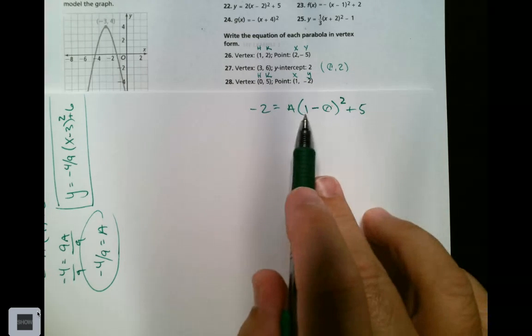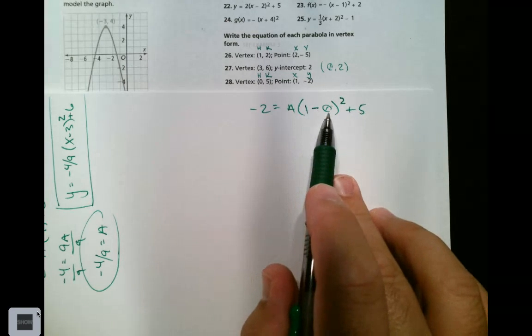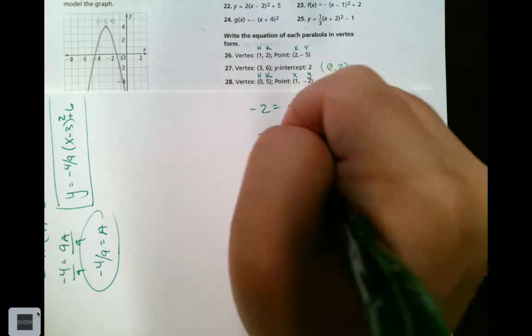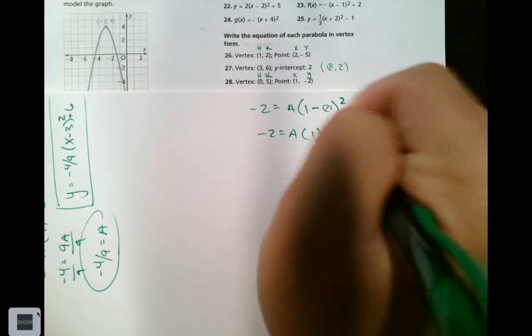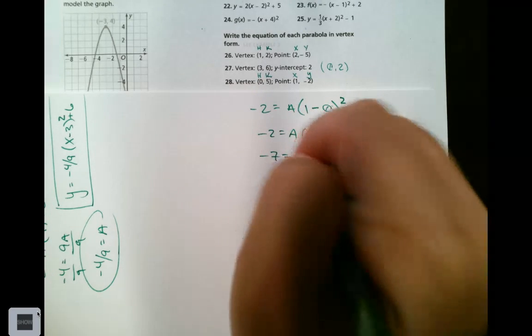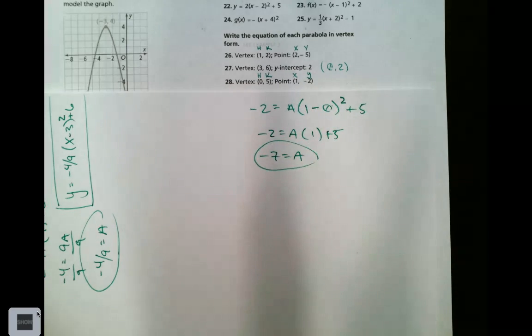So if you do the math, 1 minus 0 is still 1. 1 squared is 1. If I solve for a, I'll subtract 5 from both sides, and I get a equals -7.